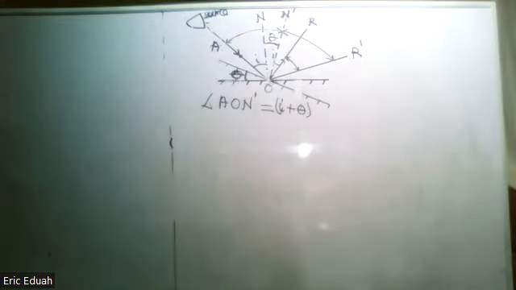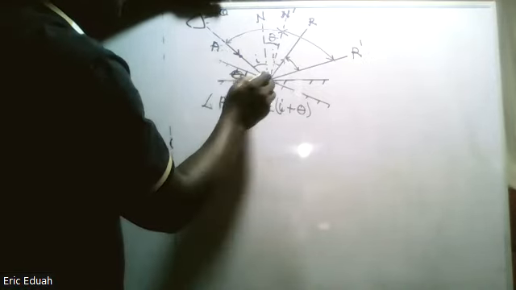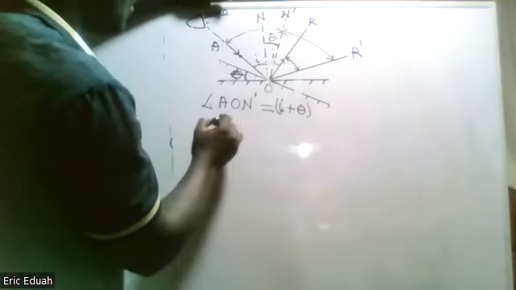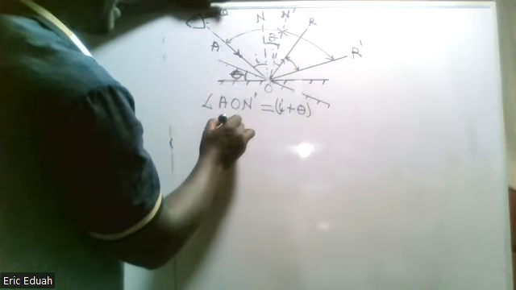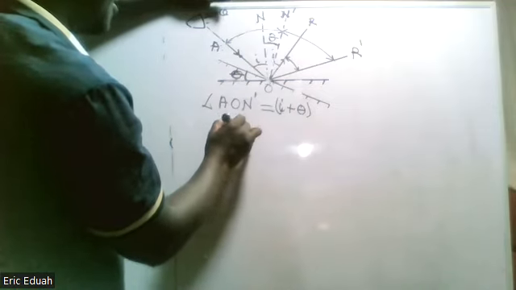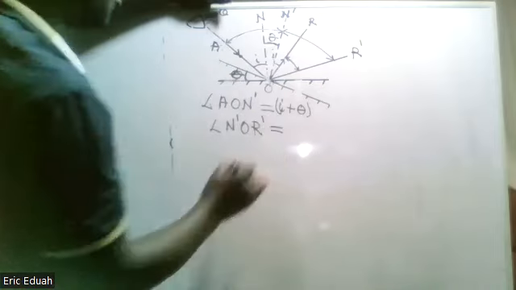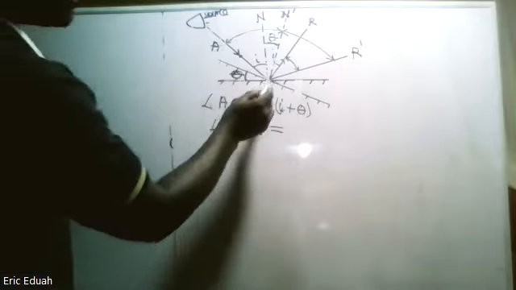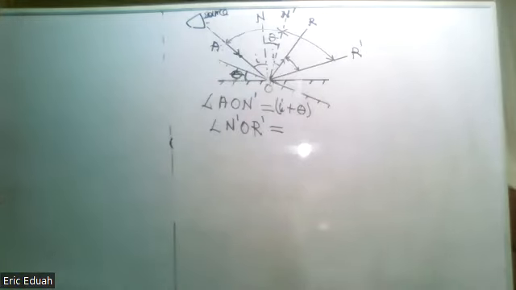Okay. If AON prime is I plus theta, what will be the angle N prime O R prime? Eliana, what will be the angle between N prime O R prime?